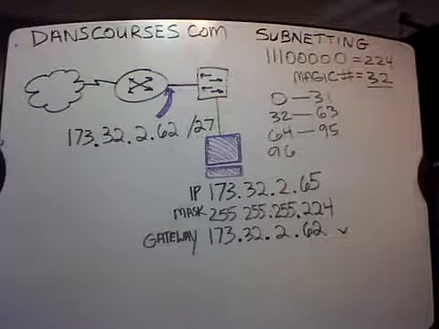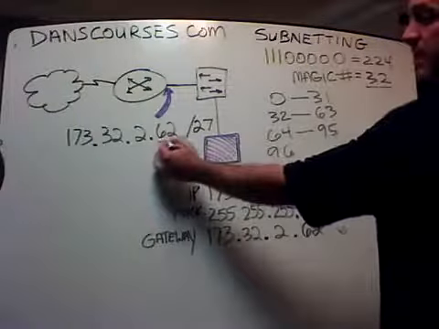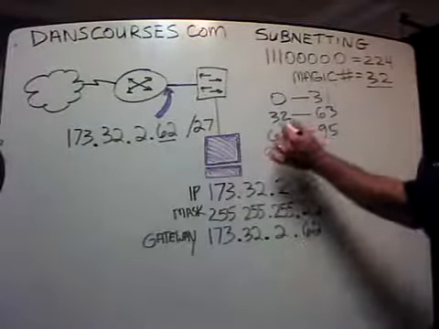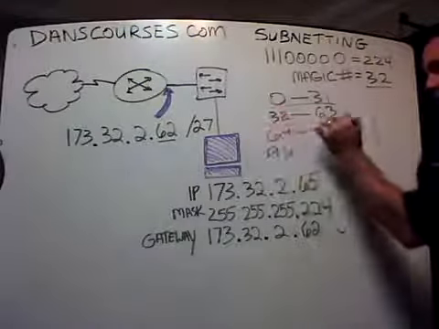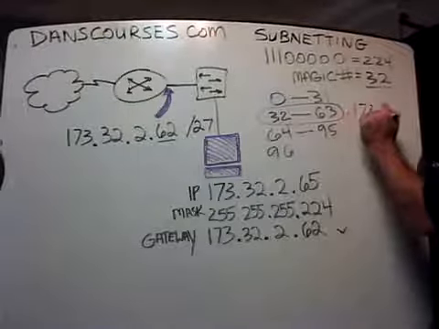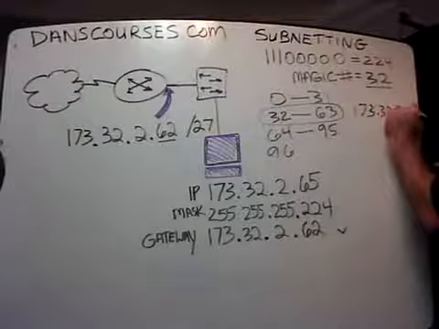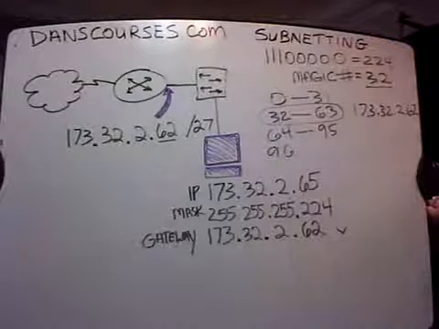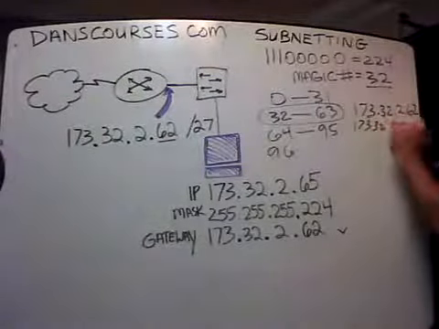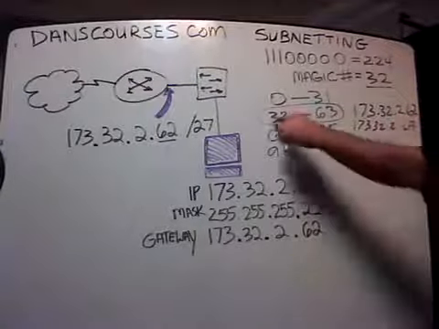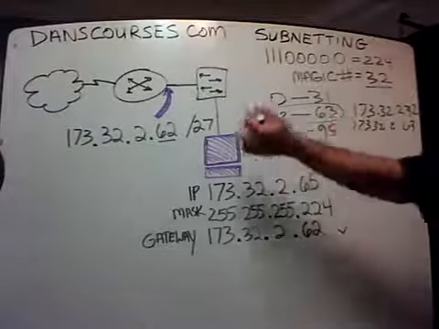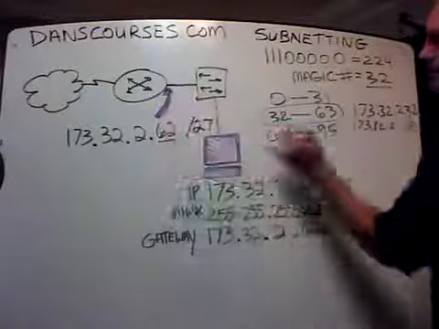That means the router has the number 62. So 62 is in the 32 network, with a network address of 32 and a broadcast address of 63, and the router's IP address is 62.